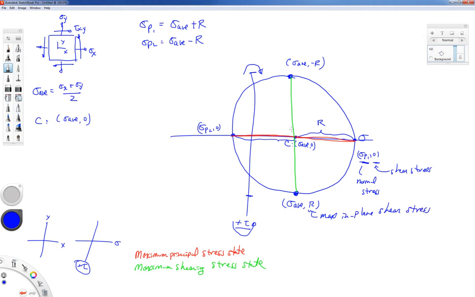Now, one thing that you'll notice is that the maximum principal stress state and the maximum shearing stress state are 90 degrees apart. That seems a little funny because we talked about the maximum shearing stress state and the maximum principal stress state being 45 degrees apart in the material. But remember, when we did our Mohr circle, we came up with the circle, we were doing manipulations on sine 2 theta and cosine 2 theta equations. So here is something very important about Mohr circle.